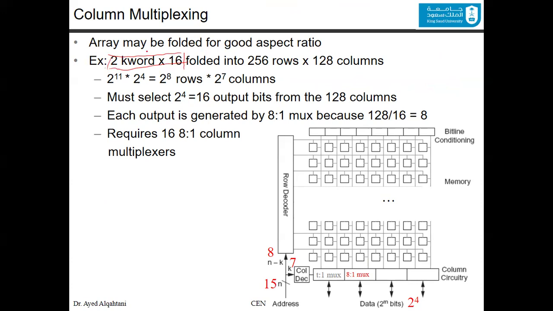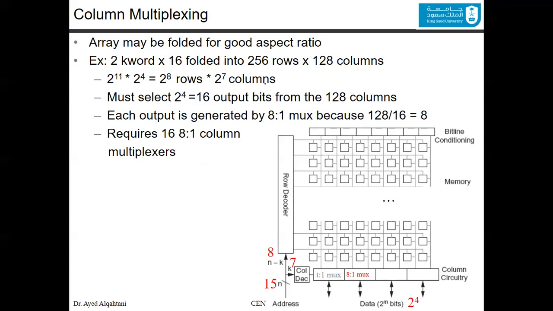Now, this will give you information about the address or the decoders, and this will give you information about the output. You can look at it in a different way: this will be information related to input, and this will be information related to the output.